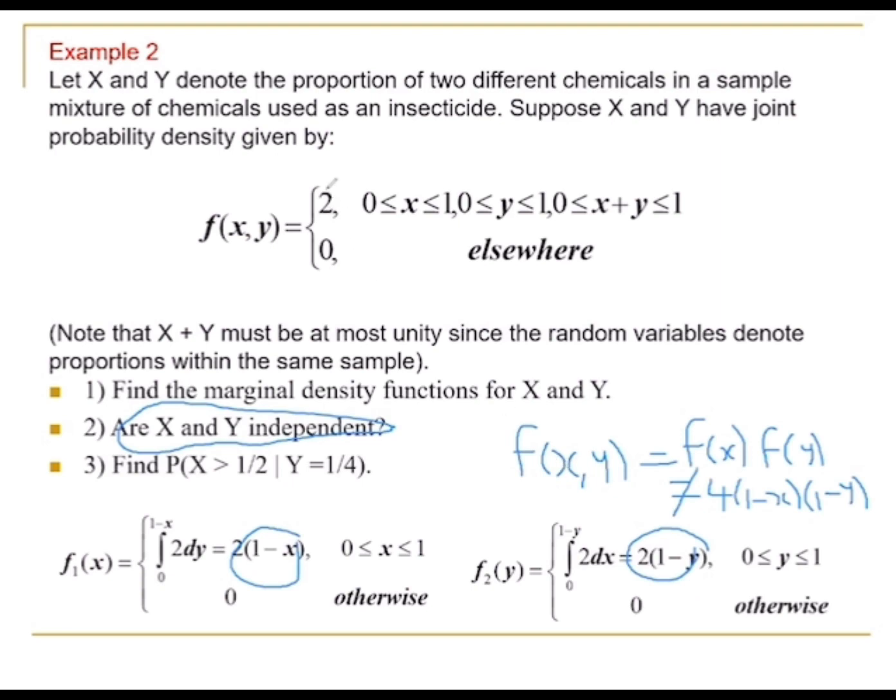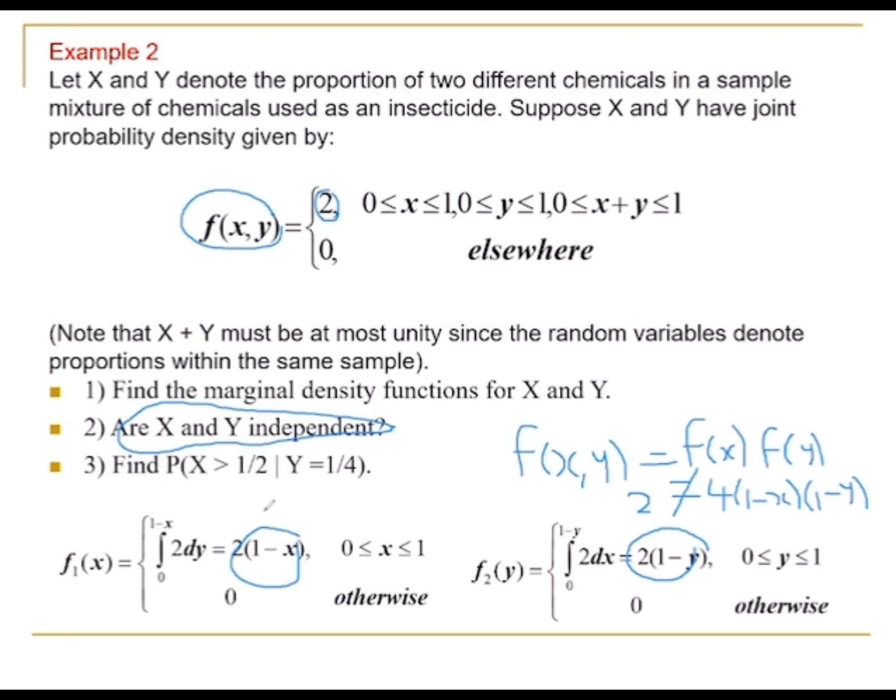Don't forget, the f of x y given is actually 2. So that is not equal to that. Because of that, you're going to say x and y are not independent, which means they depend on each other. That is what it means.